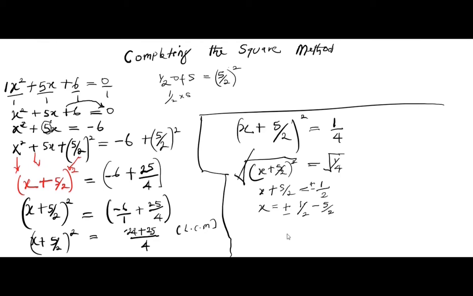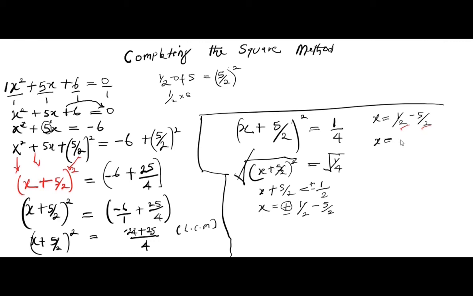So if we take this positive first, we have our x equals to 1 all over 2 minus 5 all over 2. So since the denominators are equal, we have 2 here and 2 here, the first value of our x will be 1 minus 5.